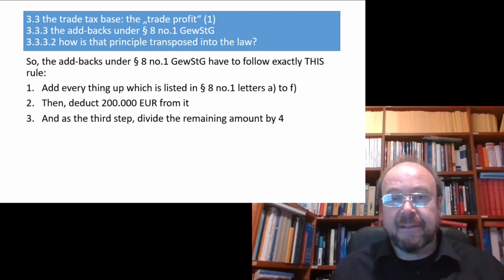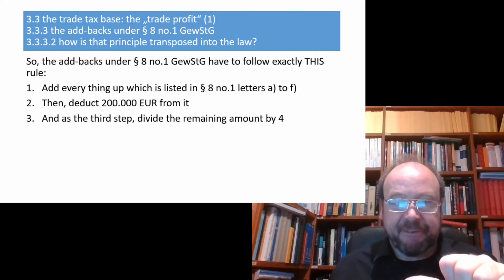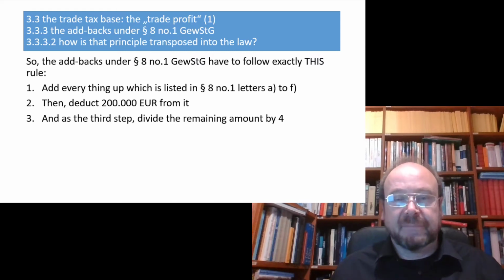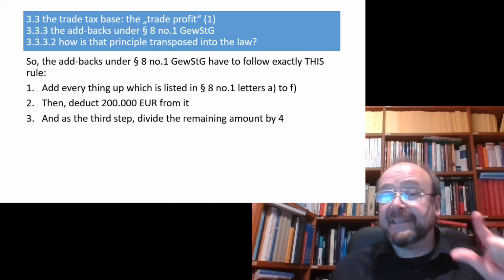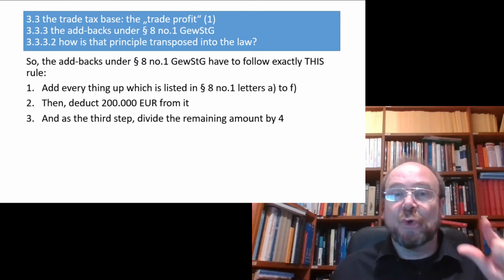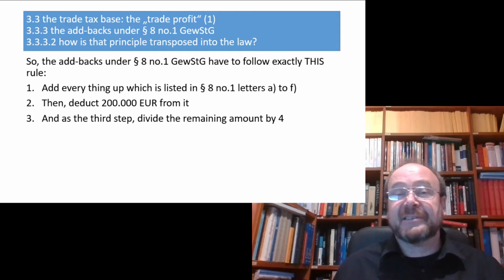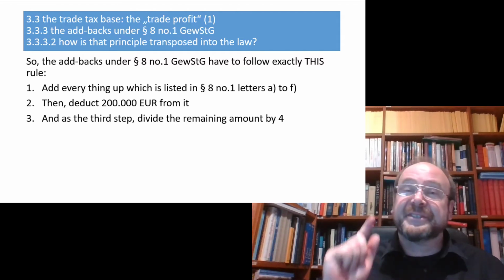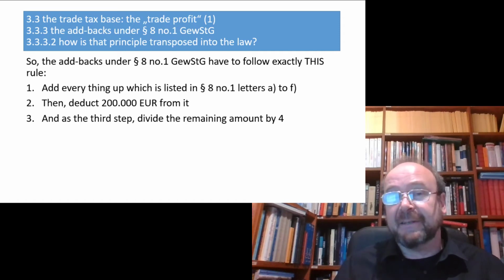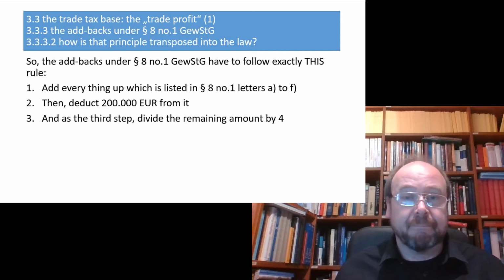So A for add everything. That's the first step, with an A in the alphabet. The second step, deduct 200,000. The 200,000 begins with a 2, like second step. And now, just to make it more difficult, the third step is then dividing by 4, not by 3.